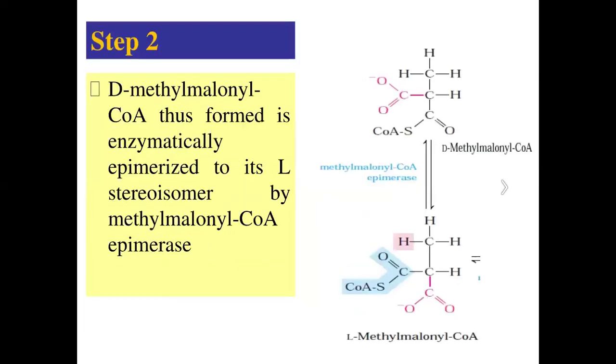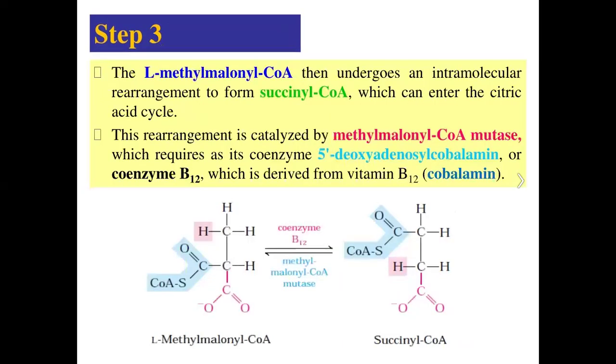So in step 2, D-methylmalonyl-CoA undergoes an epimerization to form L-methylmalonyl-CoA. So it's epimerized to the L-stereoisomer, and this reaction is catalyzed by methylmalonyl-CoA epimerase. And in the last step, L-methylmalonyl-CoA then undergoes an intramolecular rearrangement to form succinyl-CoA, which can then enter the citric acid cycle.